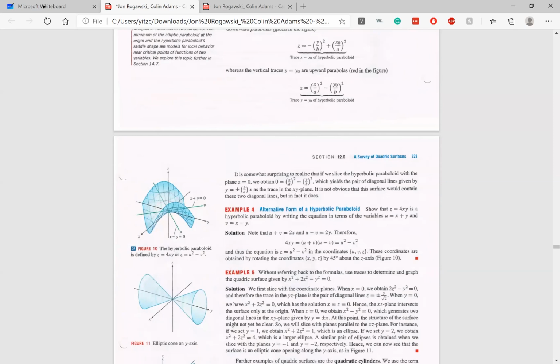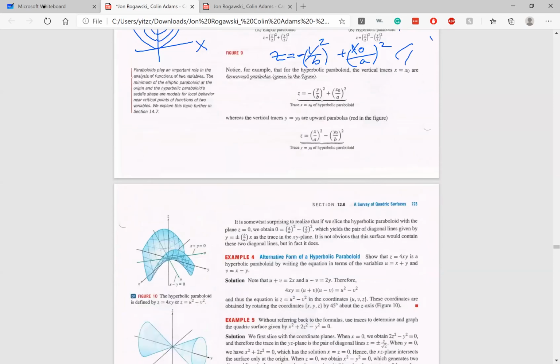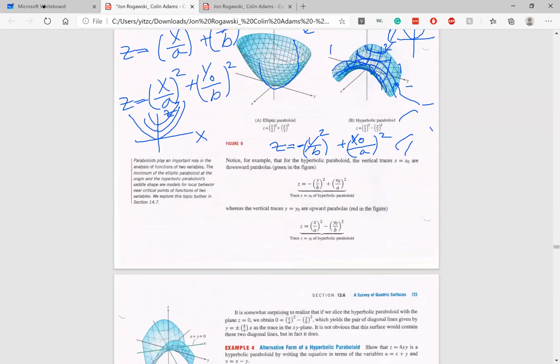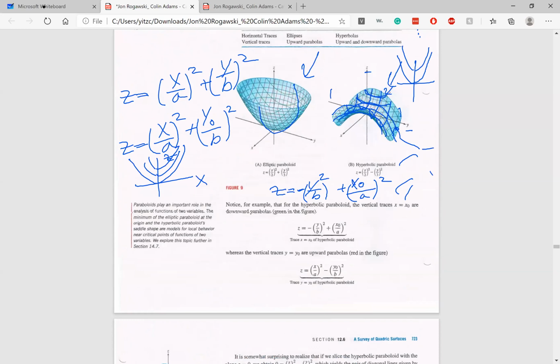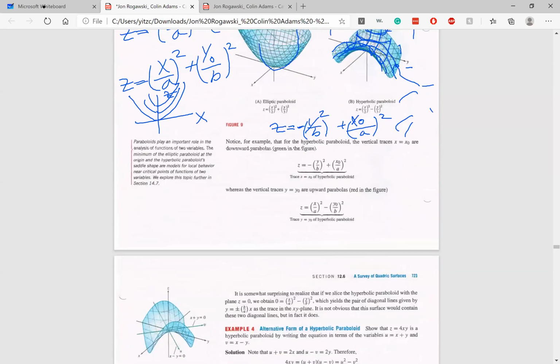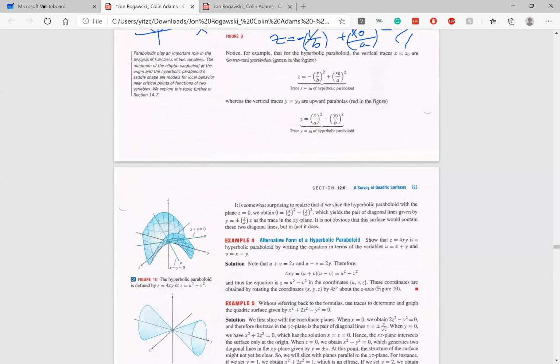So z is equal to u squared minus v squared. And that is a hyperbolic paraboloid, right? So these are hyperbolic because they have one hyperbolic part and they have a parabola part. These are elliptical because they have elliptical and they have a paraboloid. So yeah, this is going to be a hyperbolic paraboloid.